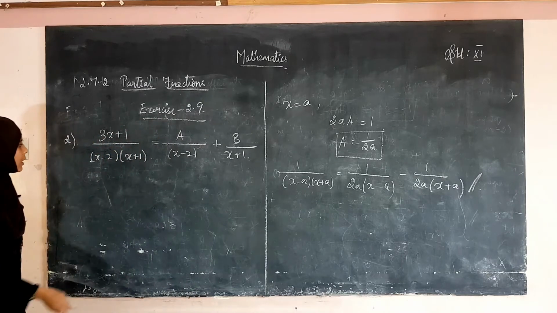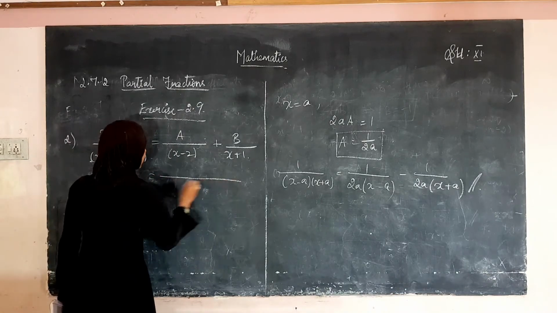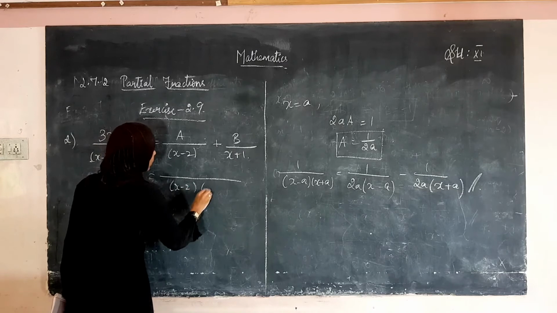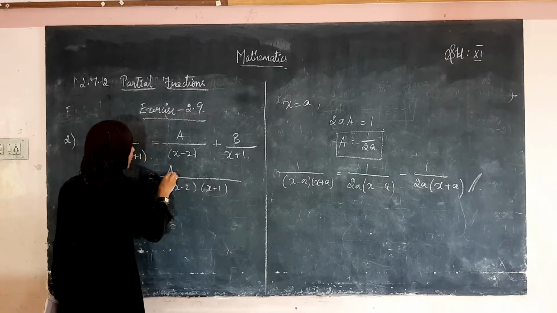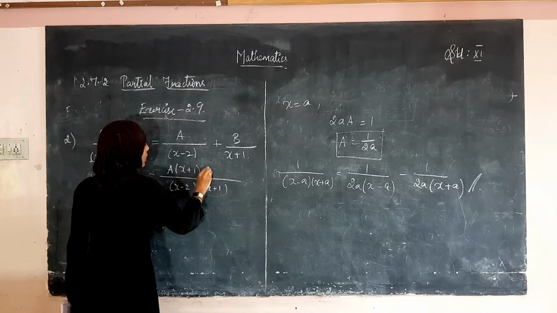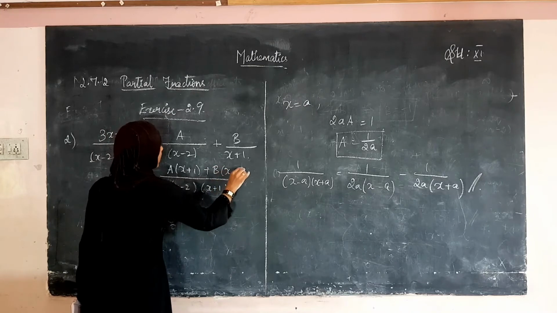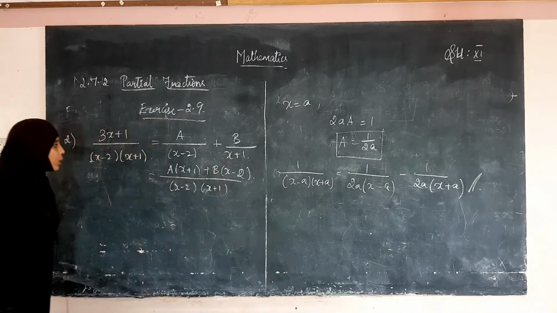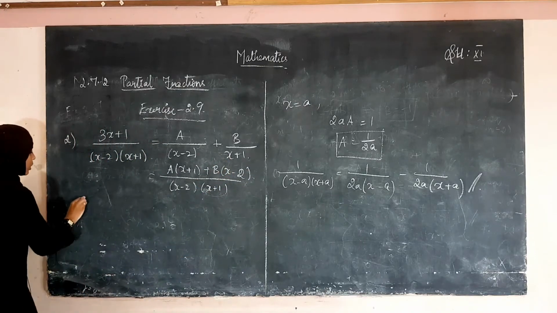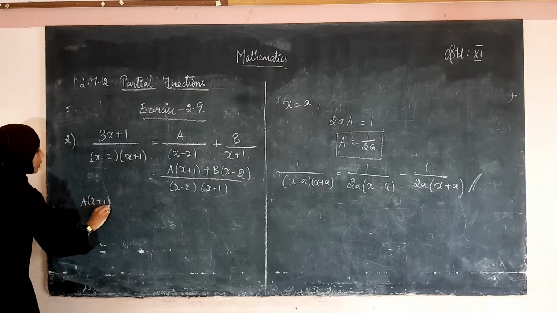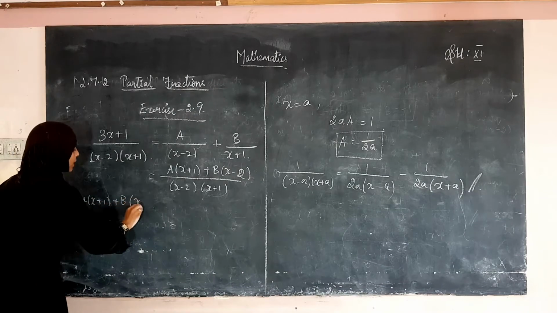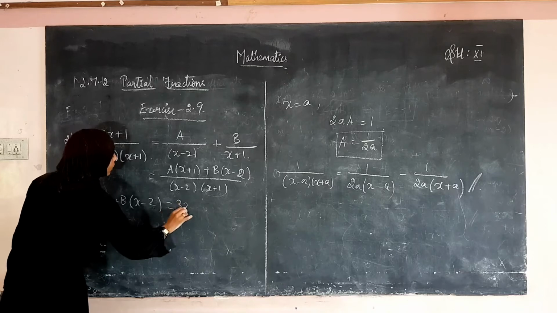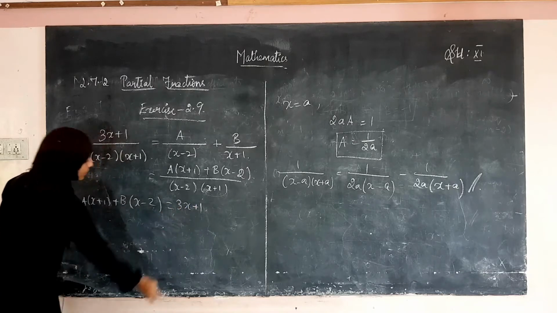As usual, take the LCM. LCM is x minus 2 into x plus 1. A into x plus 1 plus B into x minus 2. So equate the numerators alone. A into x plus 1 plus B into x minus 2 is equal to 3x plus 1.